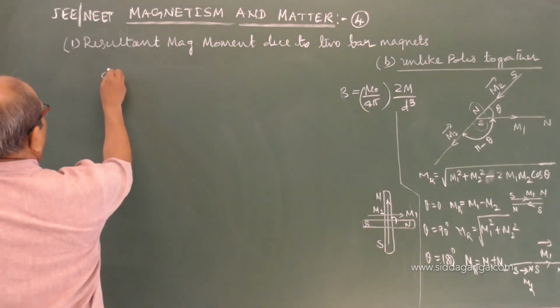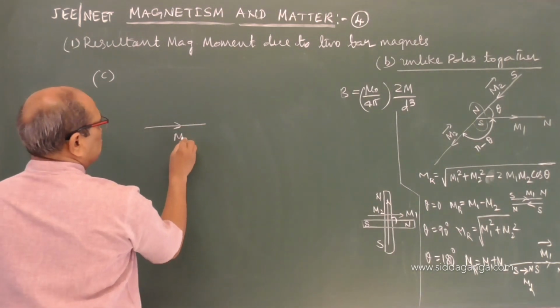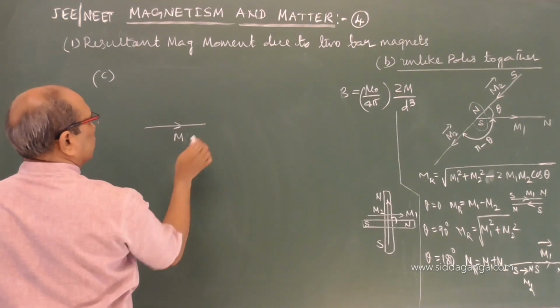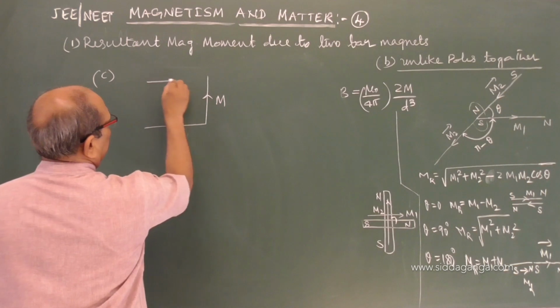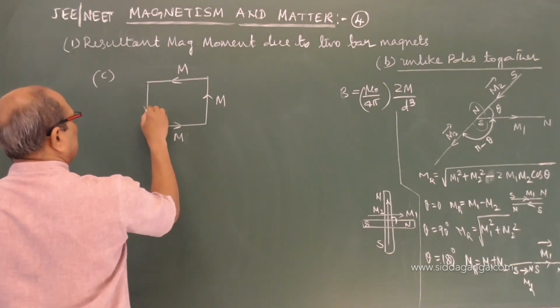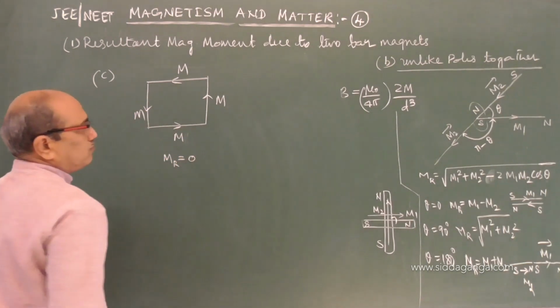See the third case, if the moments are arranged and form a closed loop, with identical values M, and this also M, and this M. If they form a closed loop, then the net magnetic moment is zero.